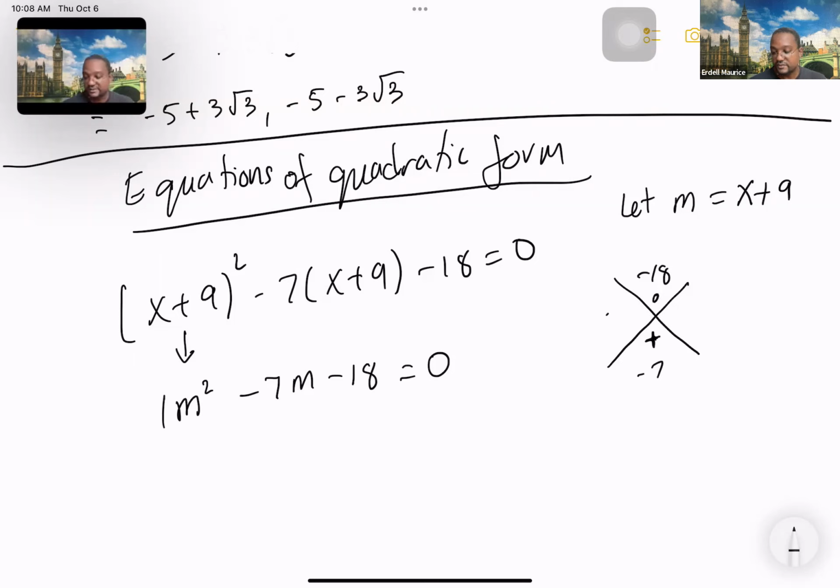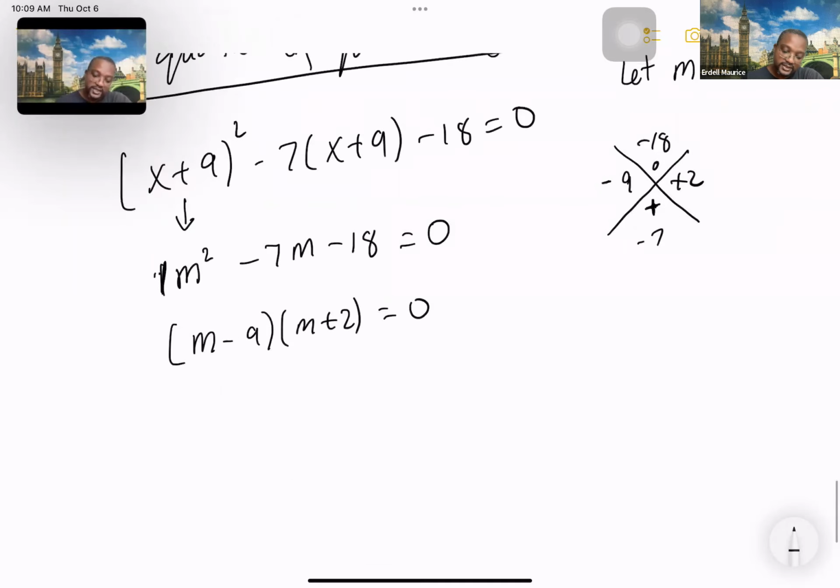Oh, that's so sad. Unless you guys are muted. Well, that's going to be negative 9 plus 2. Because m is 1, we can use the shortcut. That's going to simply be m minus 9 times m plus 2 equaling 0. And so I get then that m equals 9 and m equals negative 2.